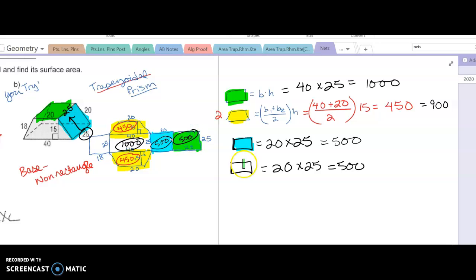All right, and we only have one left, and that's the left-hand side, maybe the trickiest side to see what is exactly going on here. And that's this guy over here, and it's 18 by 25 as well. Again, that 25 is going to transfer over here. So 18 times 25, that's going to give us 450.